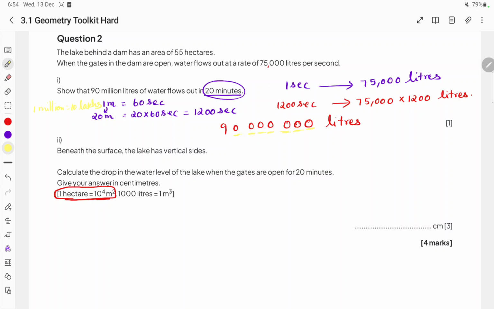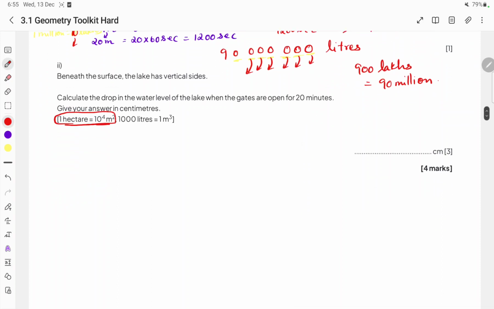So 90 lakhs we have, not 90, 900 lakhs we have. Ones, tens, 100, 1000, 10,000, lakh, 900 lakhs. So 900 lakhs is the same as 90 million, because 1 million is 10 lakhs. So if you multiply 90 into 10, 900 lakhs will be equal to 90 million. So the answer is 90 million.